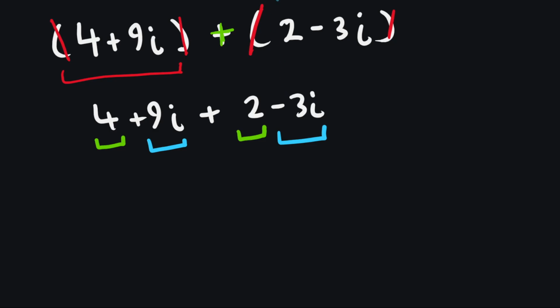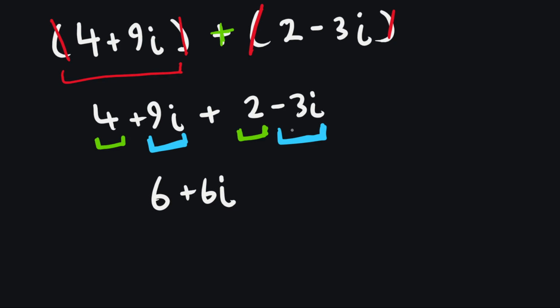Let's combine the ones in green first. What is 4 plus 2? That is 6. And now what is 9i minus 3i? What is 9 minus 3? That's 6. So plus 6, and we'll bring the i down.